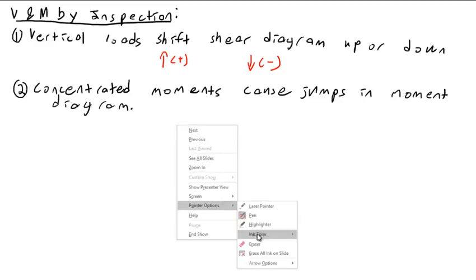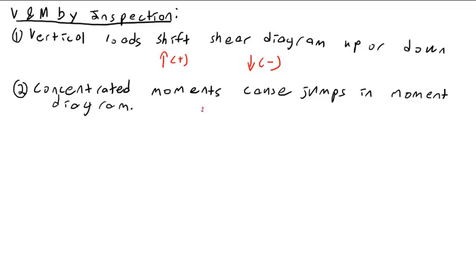However, we need to be mindful of the sign here. Counterclockwise external moments will actually cause a negative jump in the moment diagram.